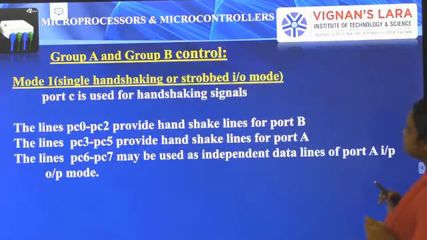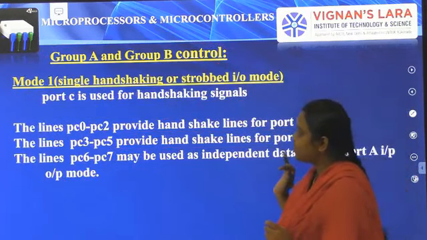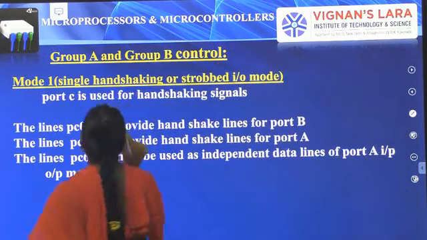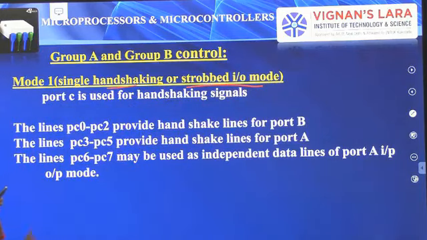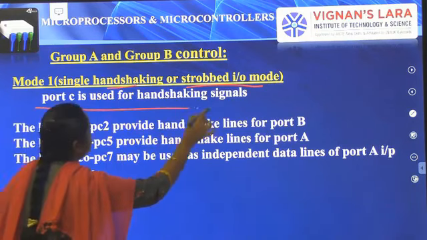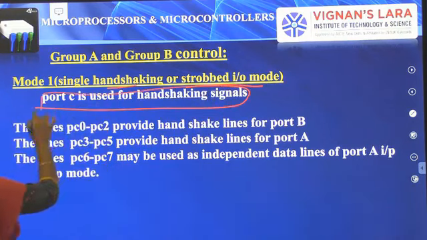But coming to mode 1, it is called single handshaking or strobed input output mode. See here, port C is used for the handshaking signals. Port C is especially used in this mode 1 operation for providing handshaking signals for the transmitter and the receiver.